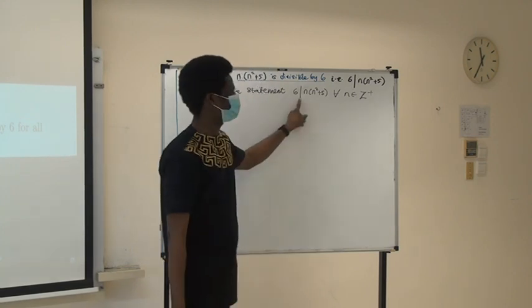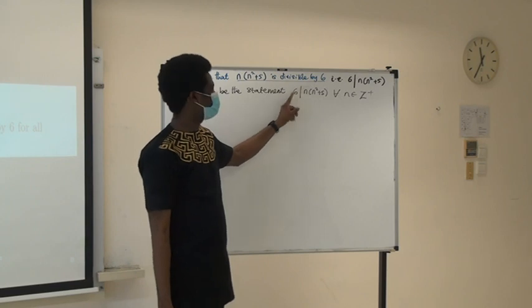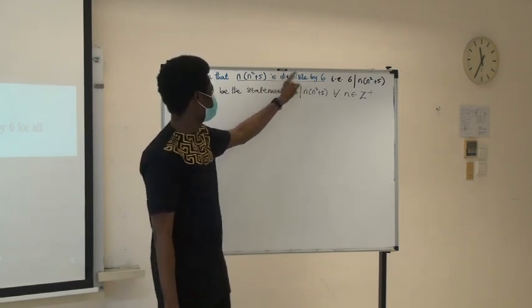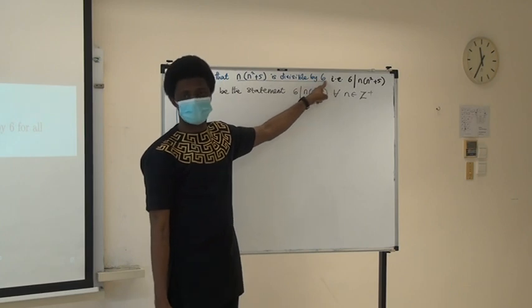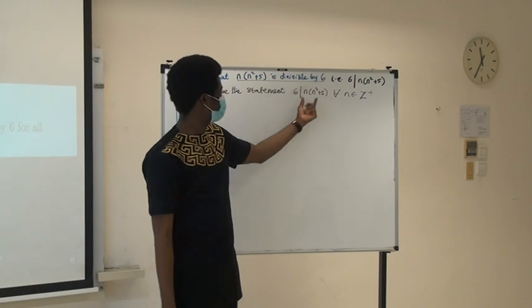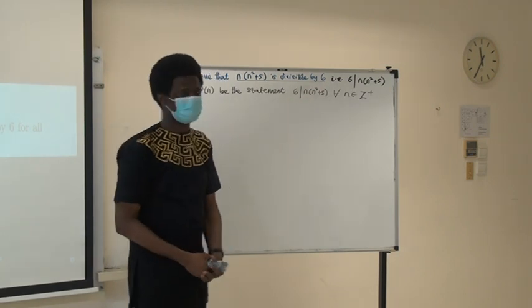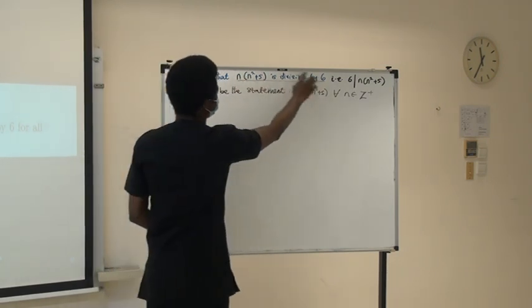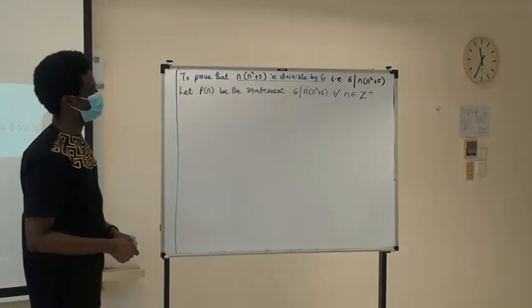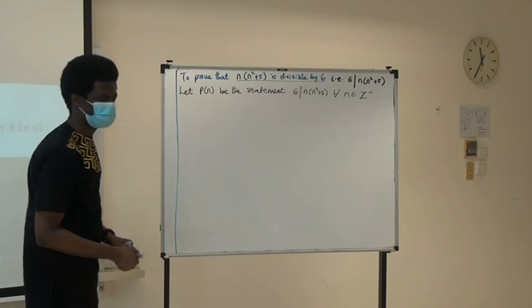So this is a symbol for divides. Usually when you write this way, you write the divisor first, but here the divisor comes last. Am I making sense? So these two statements are the same, but this is a short form. You can write the long one here, or you can write the short one. So let Pn be the statement that 6 divides that.